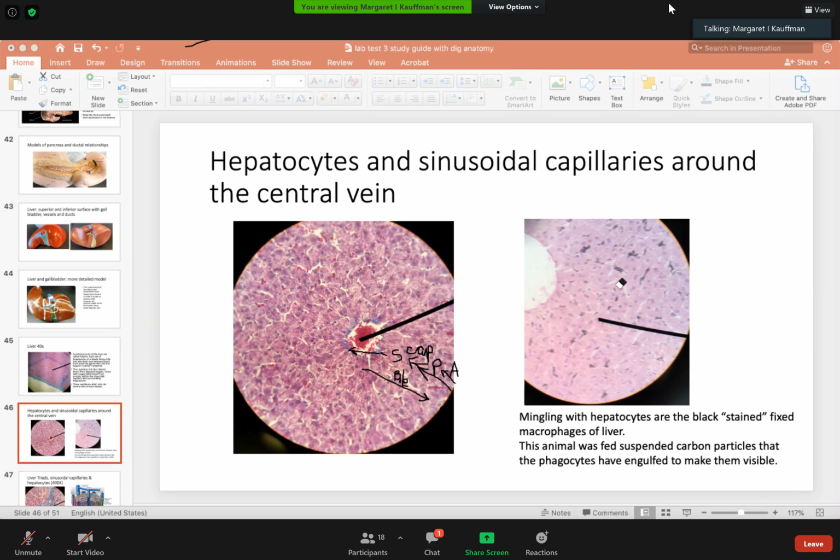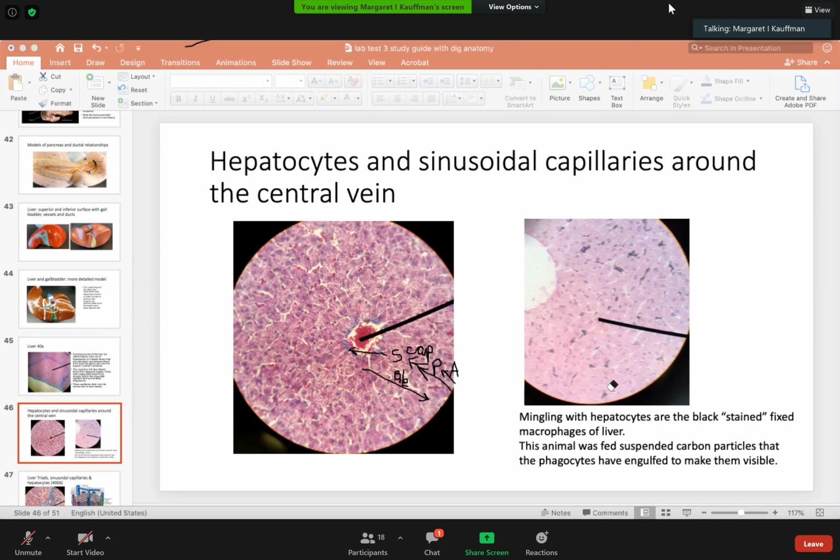And then these black things are macrophages that are taking things that are foreign out of the portal blood that's coming in from the digestive tract, and it's just using the India ink or the carbon particles to highlight how many of these macrophages there are.